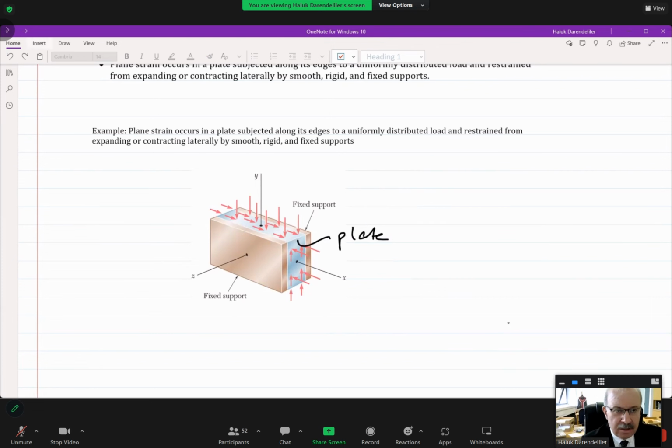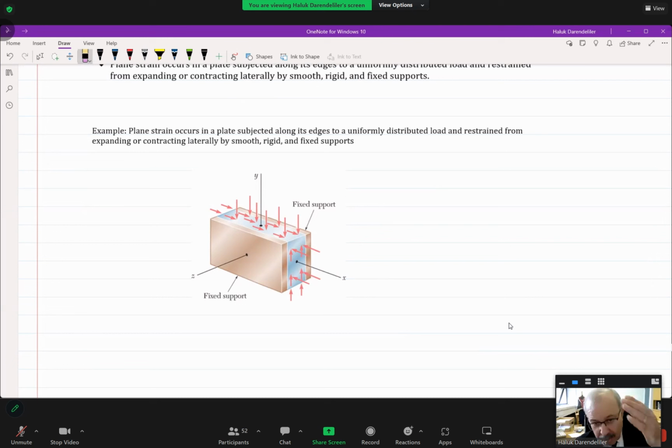Is this clear? The loading on this plate is the same on all the planes parallel to the XY plane. Further, because of these fixed supports, there is no way for this plate to expand or contract in the Z direction.